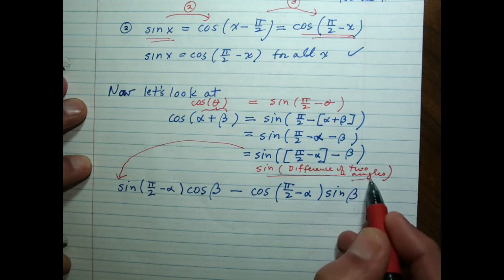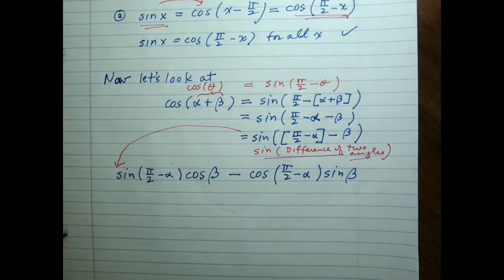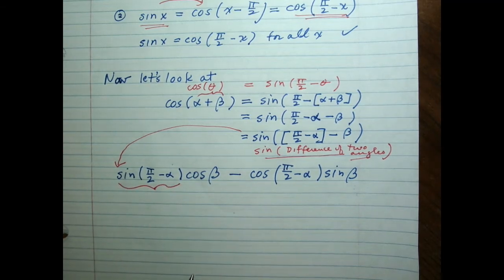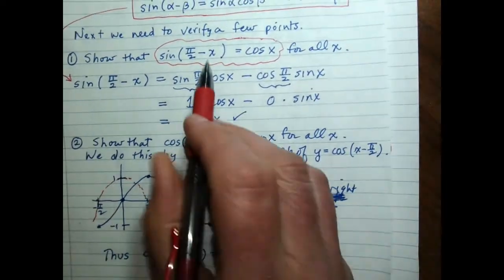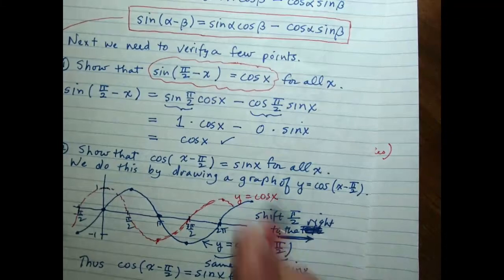And now I can work on this even further because sine of pi over 2 minus alpha, that's also on my earlier sheet, that was our number one, is always equal to cosine alpha.